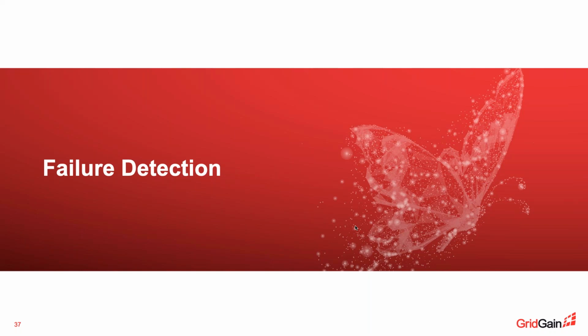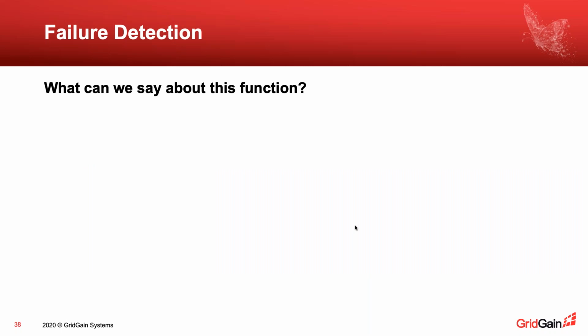And this brings us to our last networking function, which is node failure detection. So what can we say about failure detection in Apache Ignite and virtually any distributed system? First of all, it defines the high availability of our system.